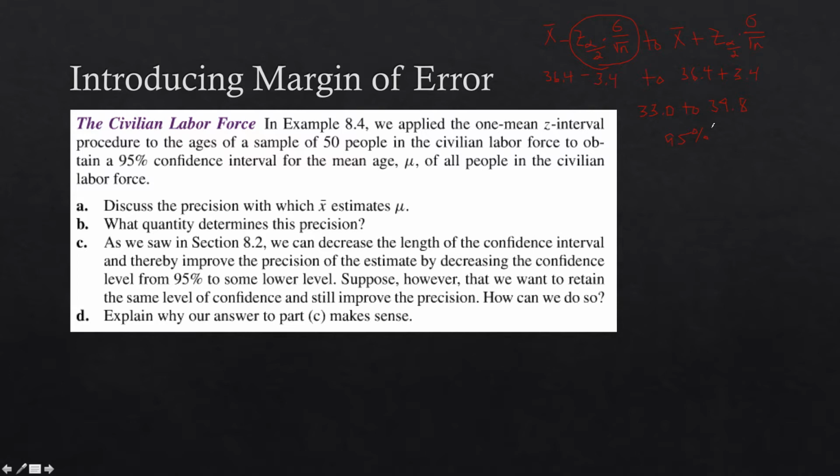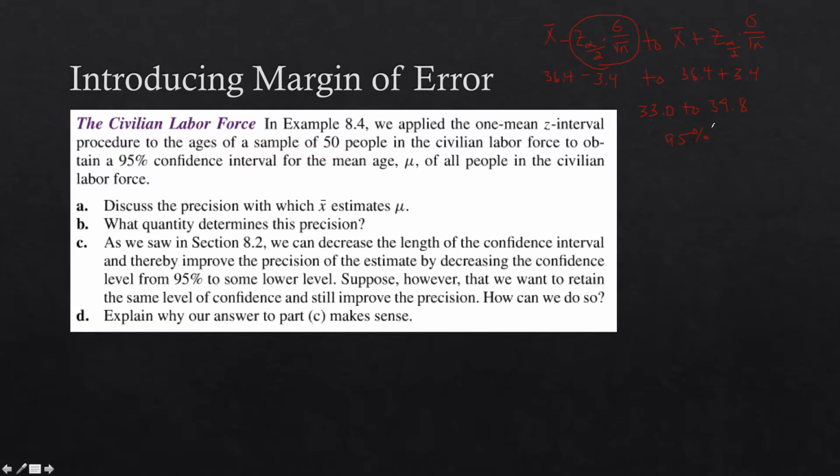Alright, so remember what we said about precision. The larger the confidence interval, the wider the confidence interval, the less precise it was. So our confidence interval here, because it's a 95% confidence interval, the precision is very, very minimal.